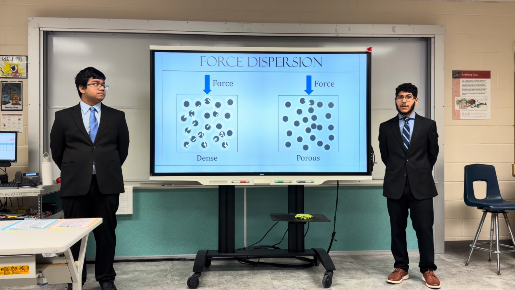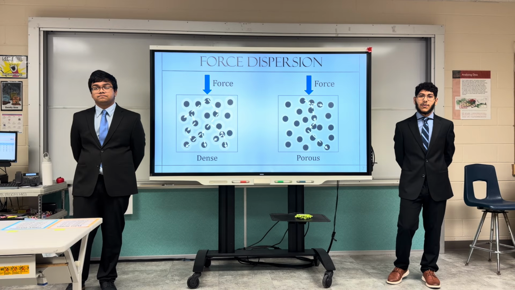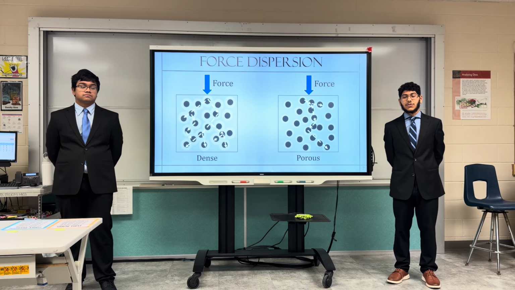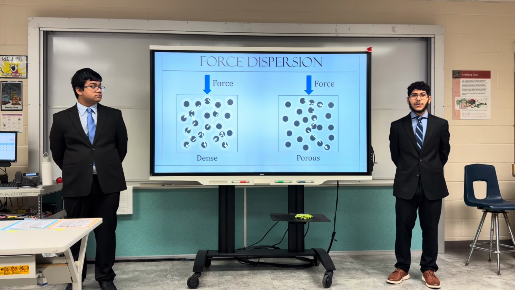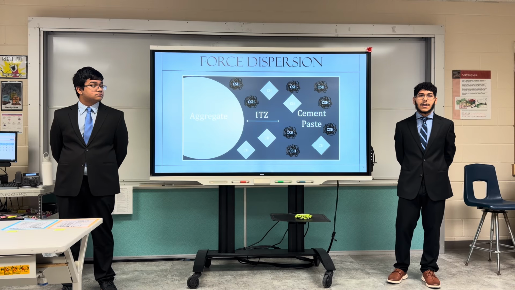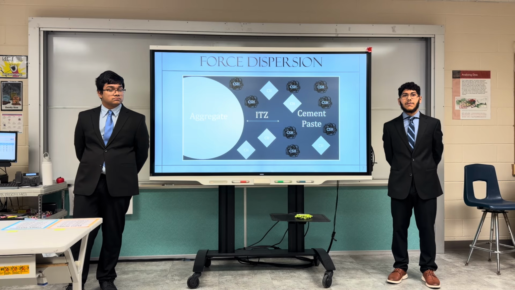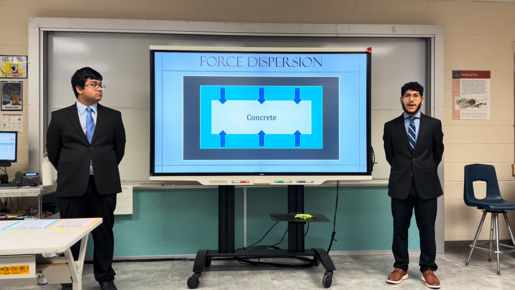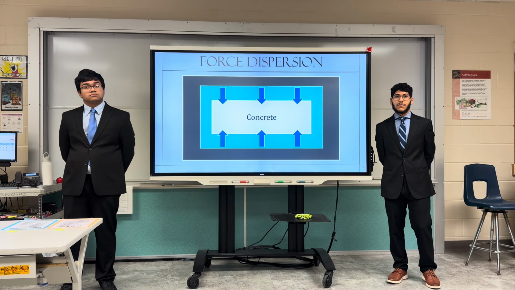When there's a less developed microstructure, meaning there have been very few chemical reactions, the force has fewer paths to travel through, so it builds up, allowing stress to concentrate, forcing the beam to break earlier, leading to less stress withstood and thus a lesser flexural strength. This means the flexural strength of concrete is heavily dependent on that internal structure, which is developed through chemical reactions that can be sped up through curing.